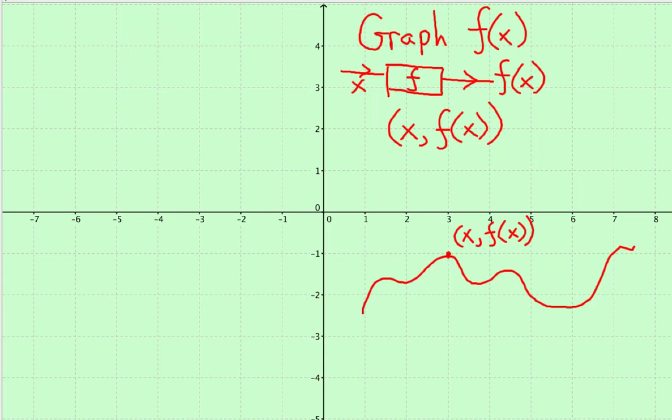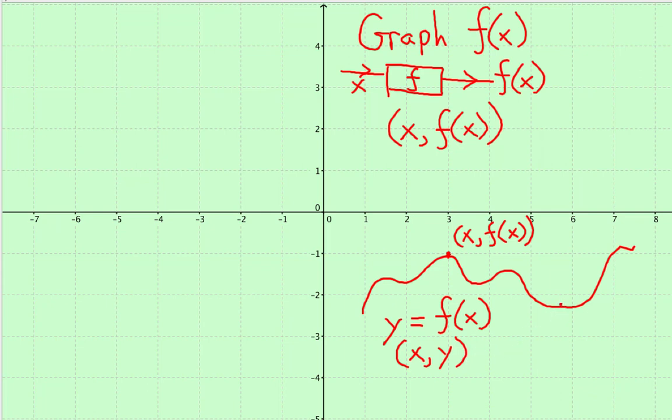Every point on this represents a pair of numbers, the value of x, and x is of course the horizontal coordinate, and f of x over here is the vertical coordinate. Now sometimes one writes y is equal to f of x. This is just to make things a little more compact, in which case one is plotting the points x and y.